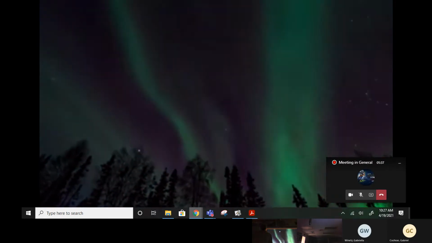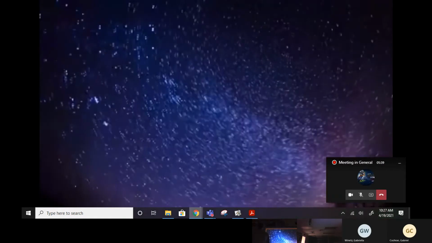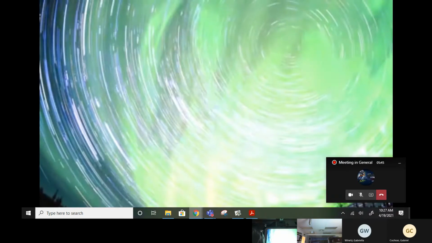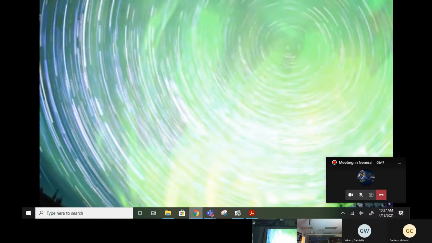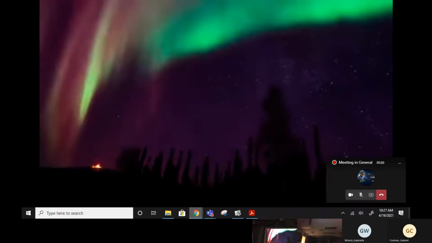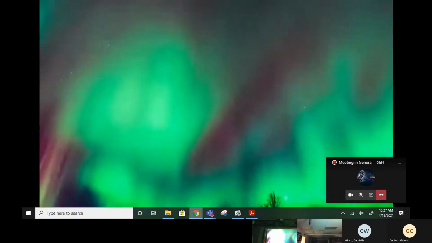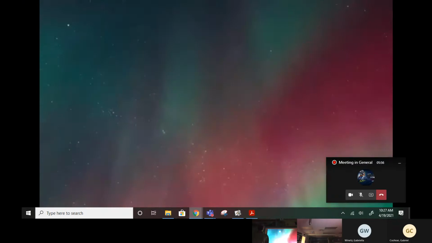Since there's a lot of nitrogen in the atmosphere, we have a lot of greens, and there's also a lot of oxygen, and that gives us these reds, and the different molecules release the different colors, just like we saw looking at those light bulbs with different gases in them.